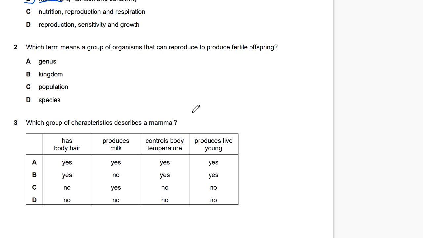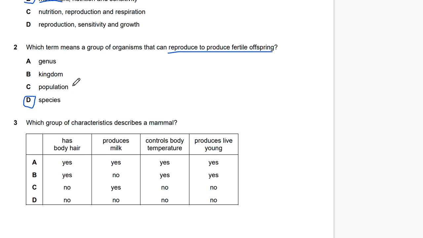Next one. Which term means a group of organisms that can reproduce to produce fertile offspring? Of course, the right answer is species. Why? Because these organisms can only produce their own offspring if they are the same species.